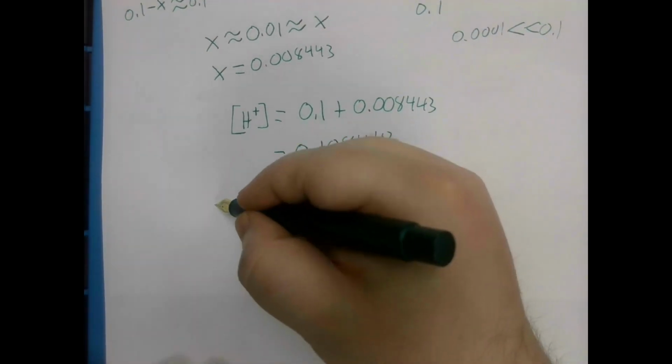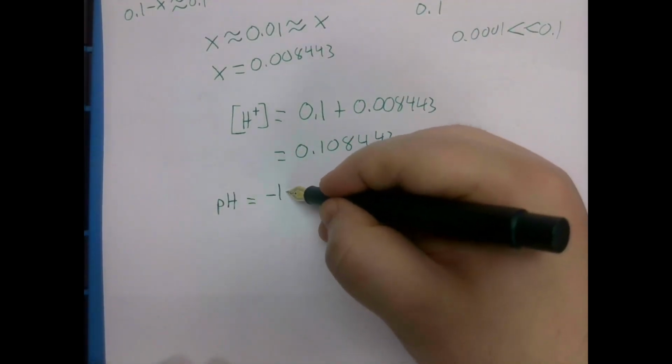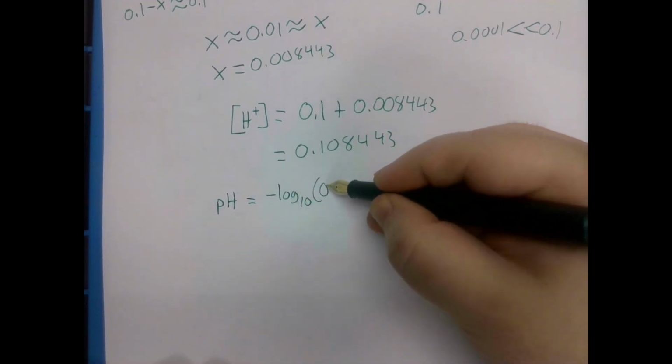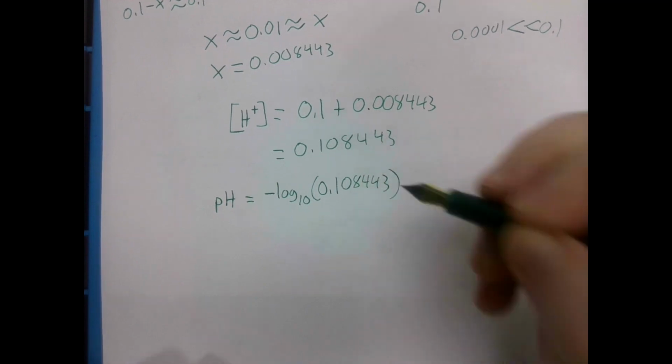And to figure out pH, we simply take the negative log base 10 of the concentration, 0.108443.